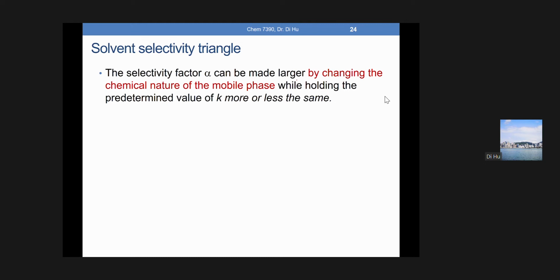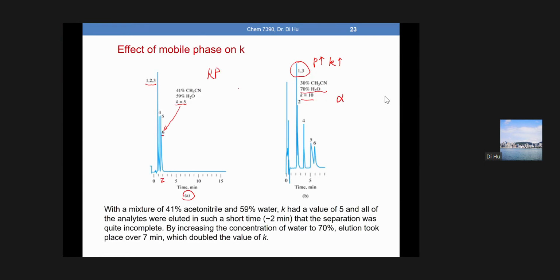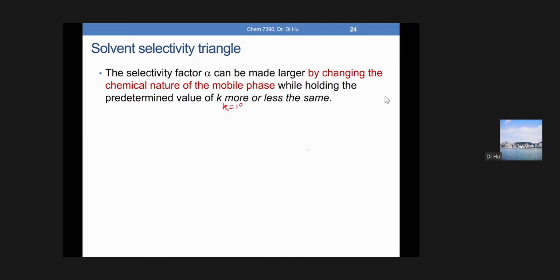What does that mean? We will keep K equal to 10 because we are satisfied with the separation time. It's good enough. I think we have separated, but we're just not happy with the alpha value. So we keep the K the same, but we change the chemical nature of the mobile phase. You may ask, what do you mean?